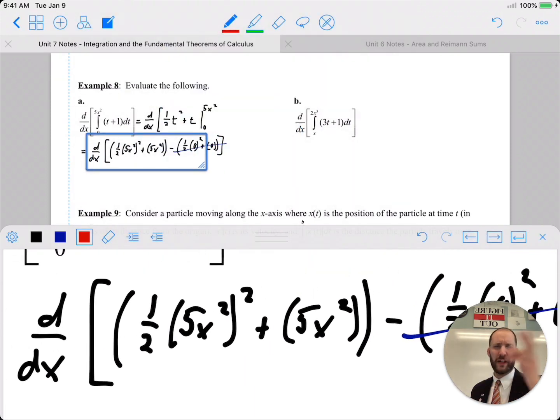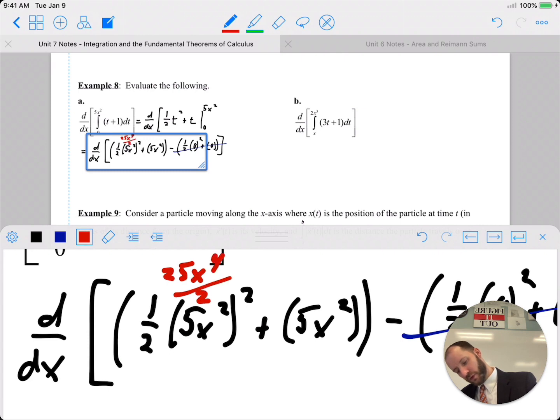I don't want to rewrite the whole line, so 5x squared squared, that's 25x to the 4th, so 25x to the 4th over 2.